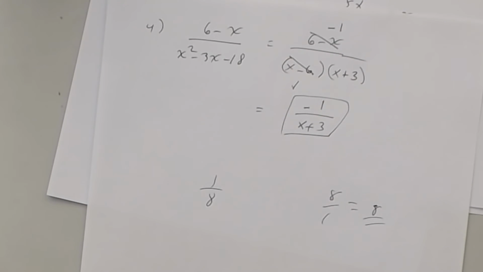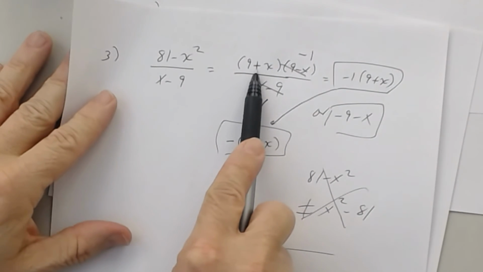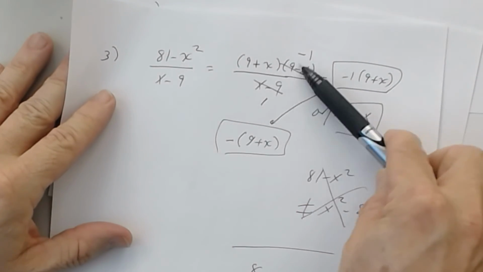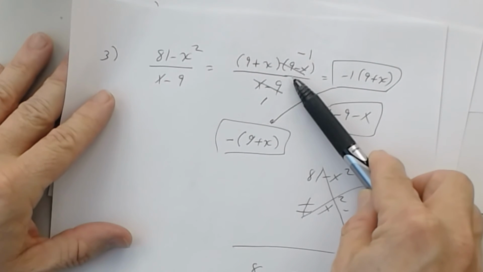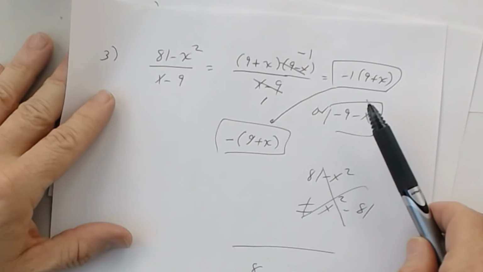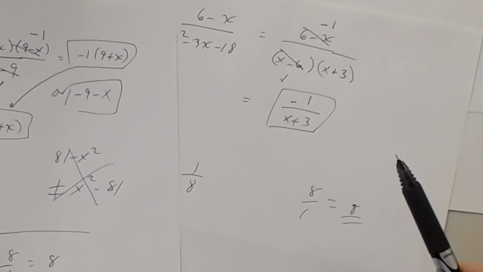Okay, in example 3, we had 9 minus x at the top and x minus 9 at the bottom. Which one are you talking about? You're talking about these two right here? Yes. And why do we have that negative 1 at the top, while in example number 4 we have two parentheses at the bottom, but instead we get the negative 1 at the top?